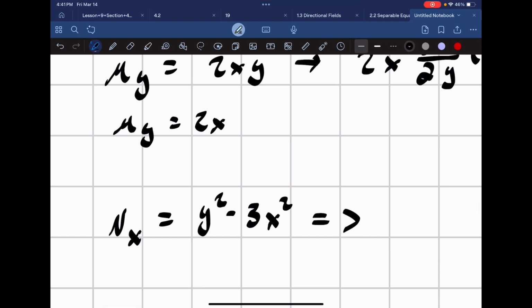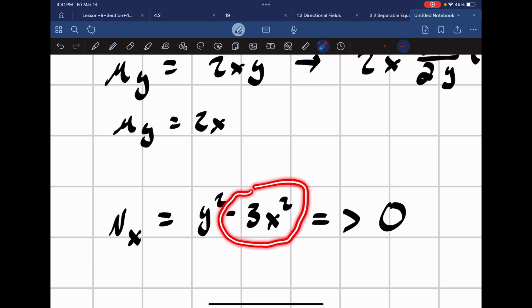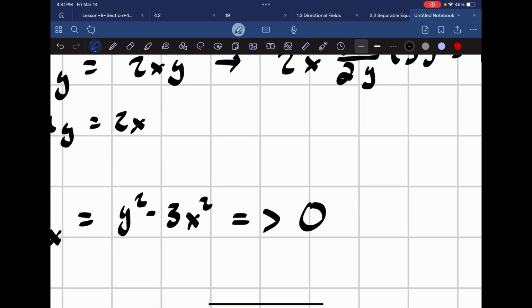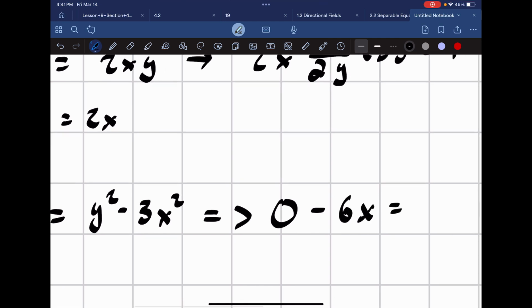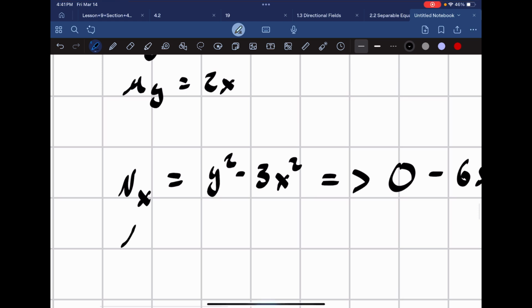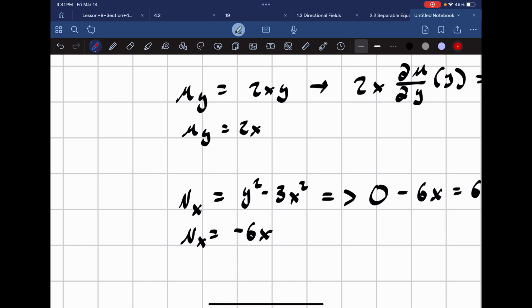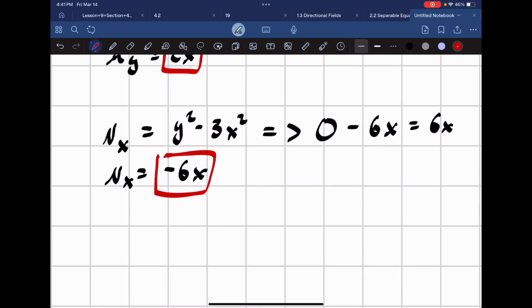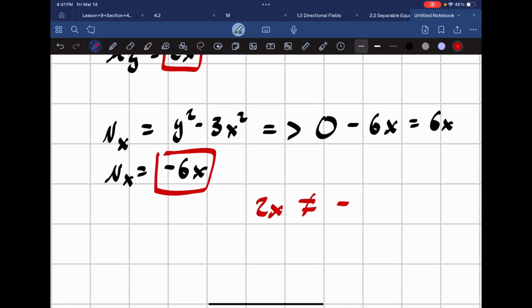And right here, negative 3x squared with respect to x, so we just treat it as a derivative. That rule would give 6x, so that equals negative 6x. As you can see here, this and that do not equal each other.